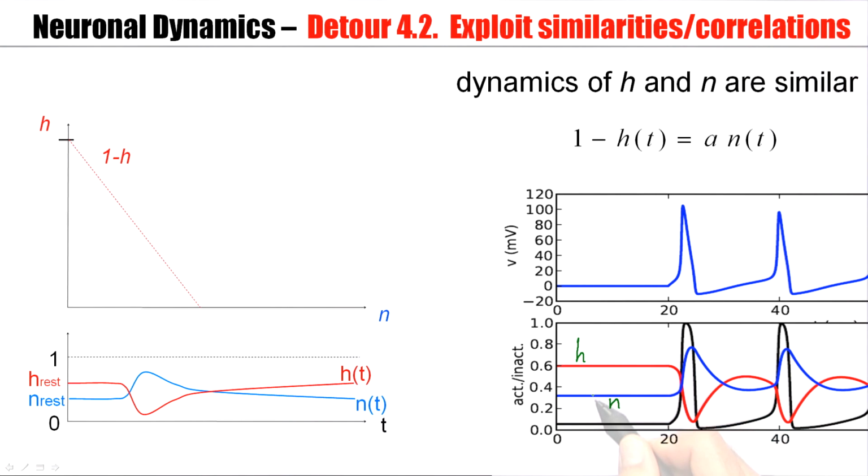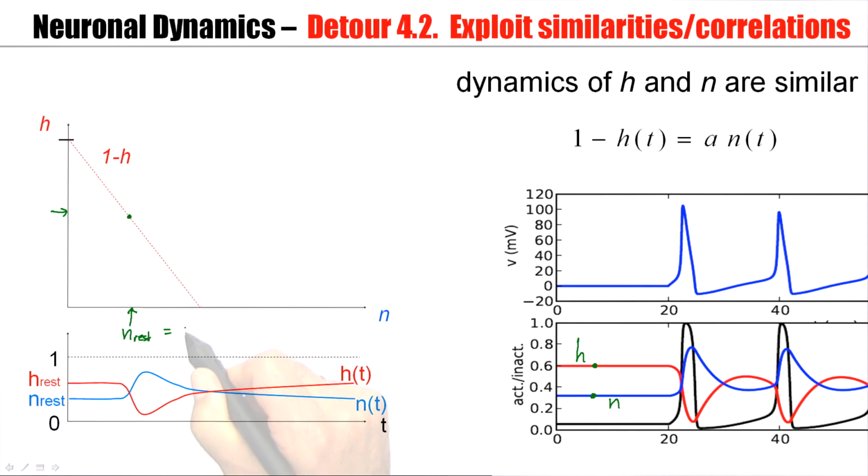I can take the combination of those two, N and H, and plot them in the two-dimensional graph. Say here is my resting value of the two. So this is N rest.